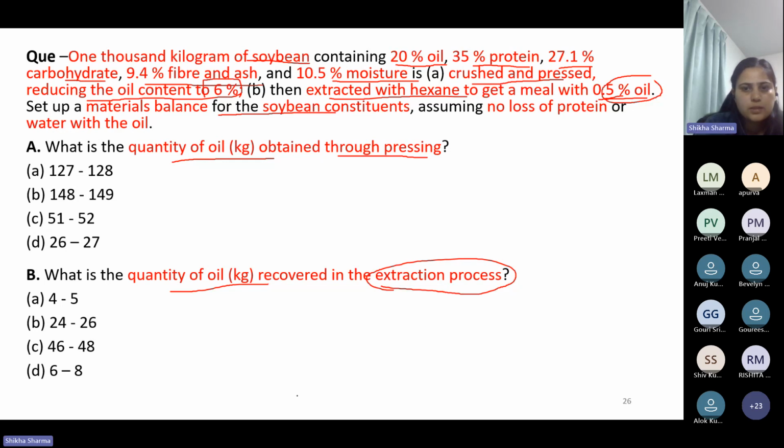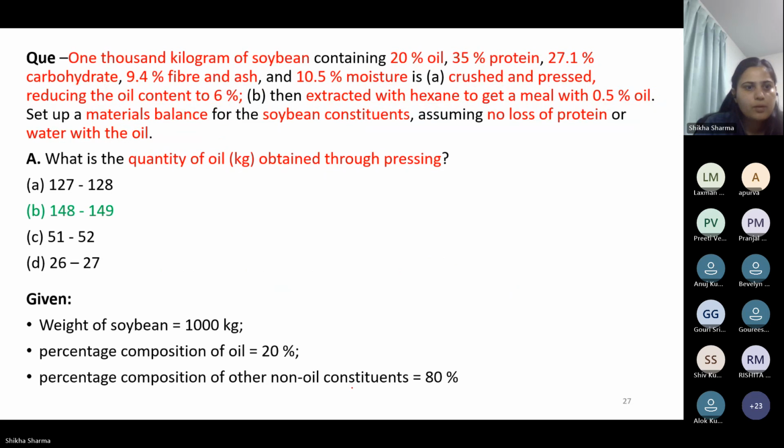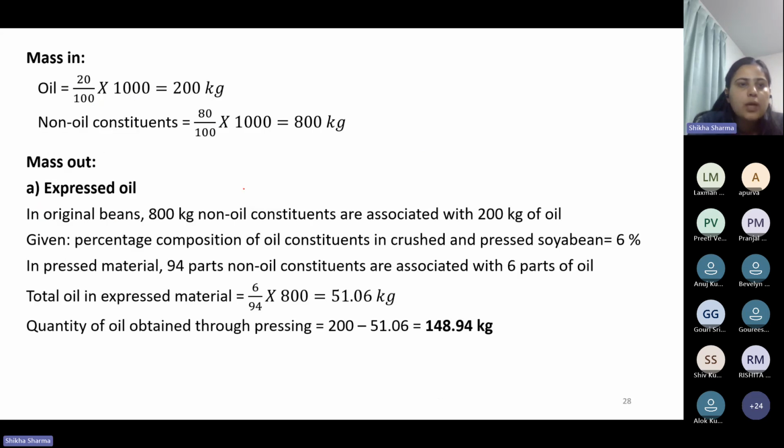So let's discuss. We will start with the first part. The first answer is B, so let's see how. It is given that the weight of the soybean is 1000 kg and the amount of oil is 20%, and the non-oil constituents make up 80%.